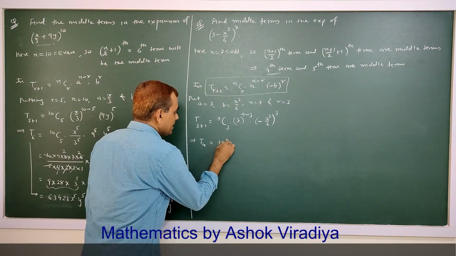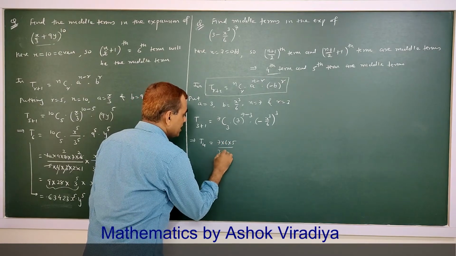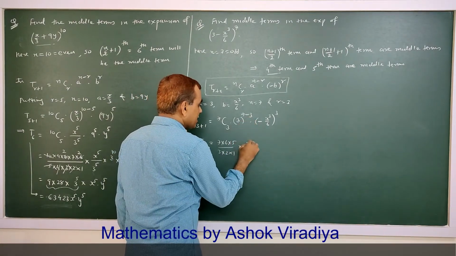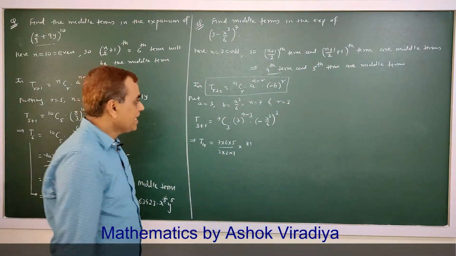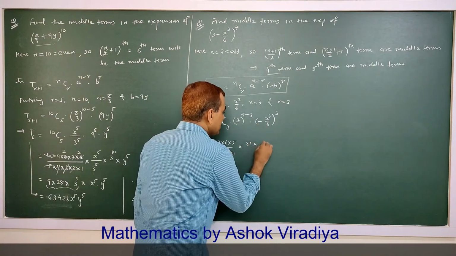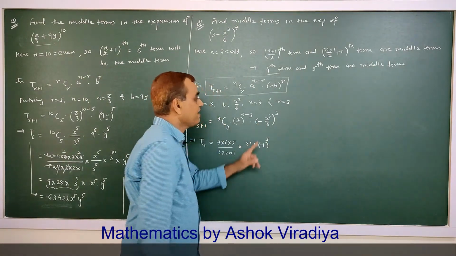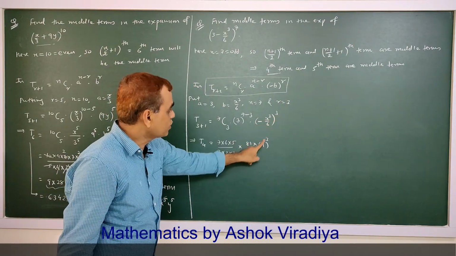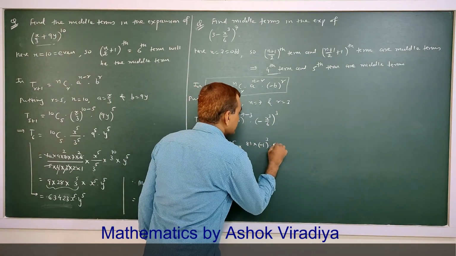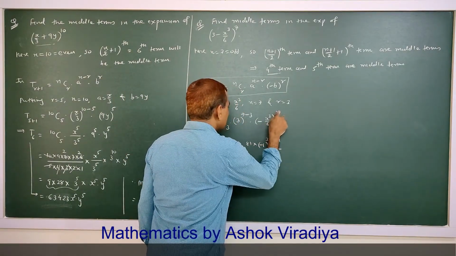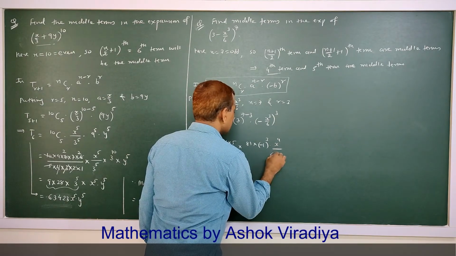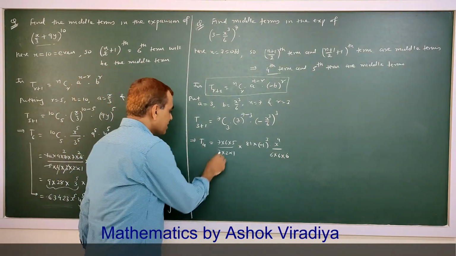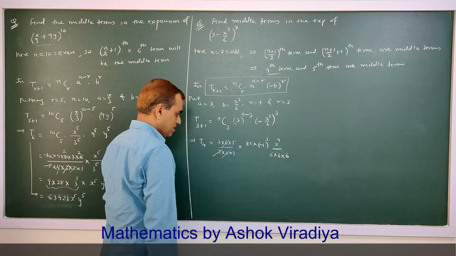So the fourth term is 7c3, which is 7 into 6 into 5 upon 3 into 2 into 1. This is 3 raised to 4, it is 81 into minus 1 cube. Whenever you have a minus here, always separate the minus with this power: minus 1 raised to 3 into x raised to 9 upon 6 cube. So 6 cube is 6 into 6 into 6. Now simplifying this, 3 into 2, 6.